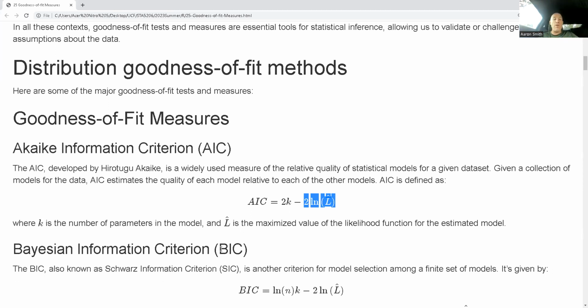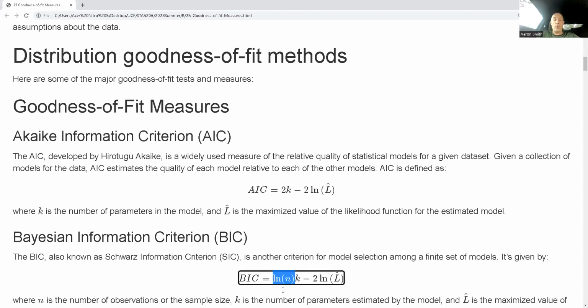Now, the Bayesian information criterion, BIC, is very similar to AIC, but we multiply the number of parameters by the log of our number of observations instead of 2 as in AIC. So here we put a stiffer penalty on the number of parameters. BIC will prefer fewer parameters more than AIC will.